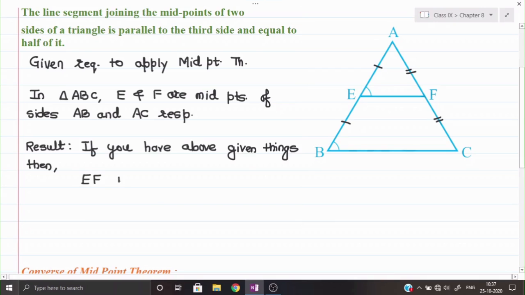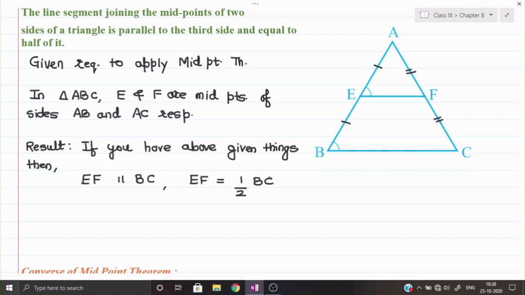EF is parallel to BC. Similarly, I can say that EF will be half of the third side, as we have written, equal to half of it. So EF will always be half of the base BC. Here, remember two things: E and F should be the midpoints of two sides.